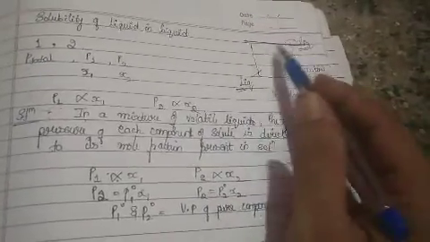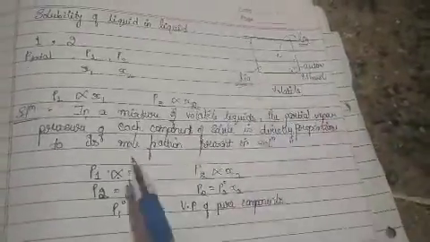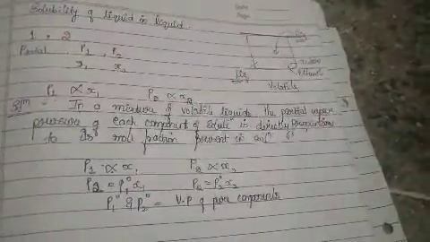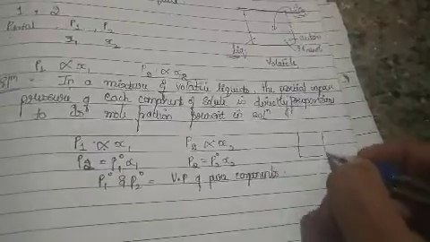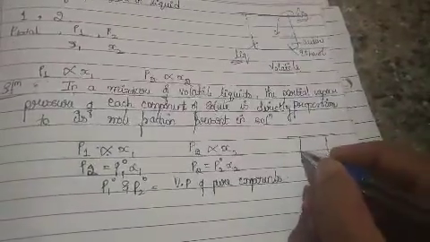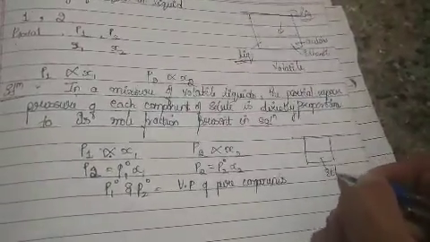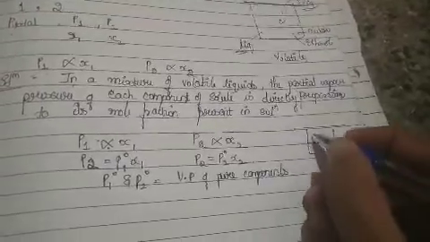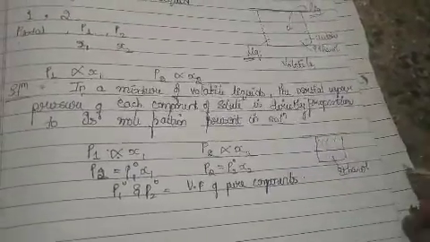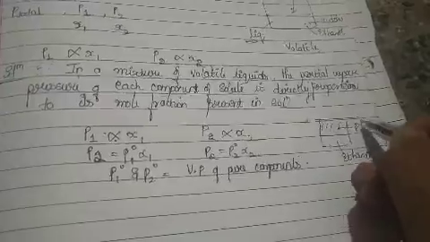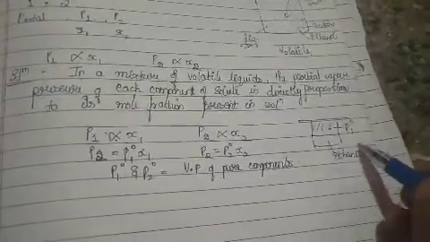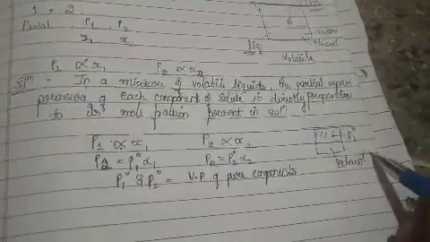In this solution, whatever pressure I calculate individually within this mixture will be your P1 and P2. But when I take a closed system enclosing only ethanol and measure its partial pressure above the surface of the liquid, that will be your P1 naught, that is, the vapor pressure of the pure component.